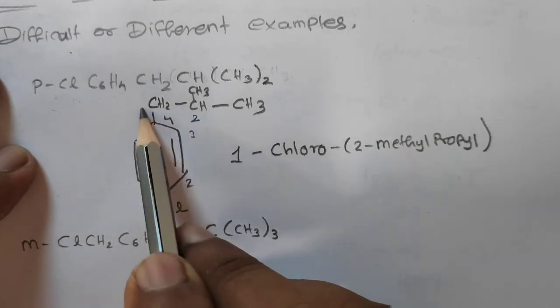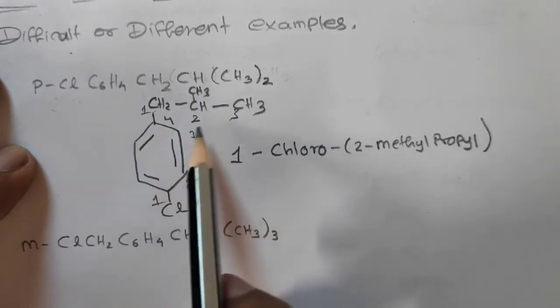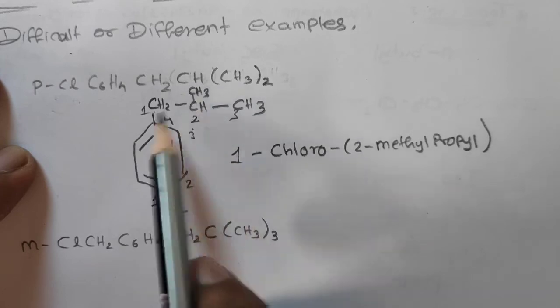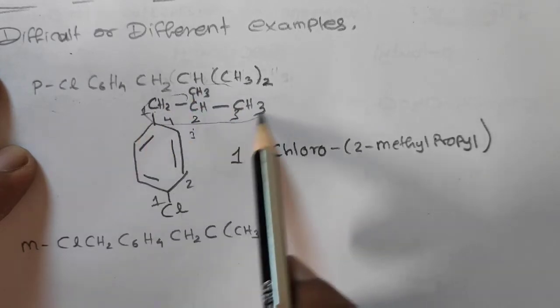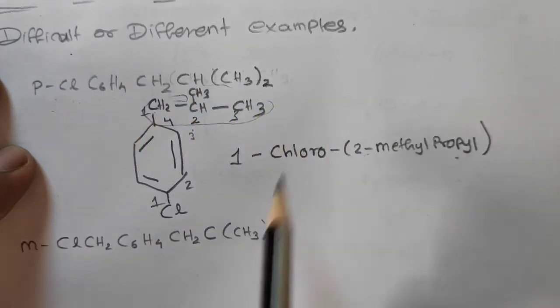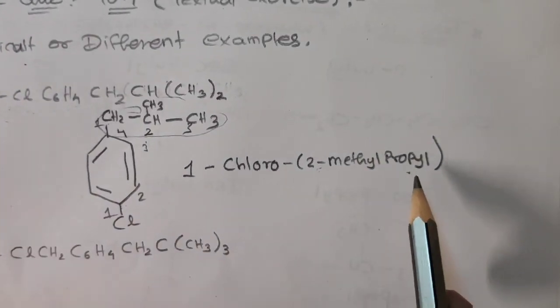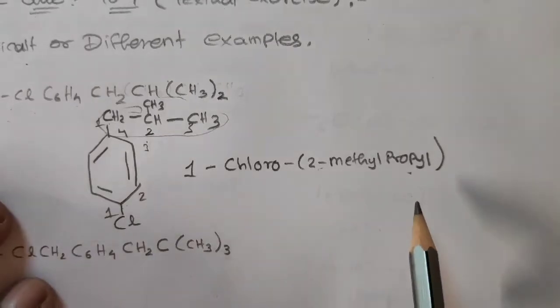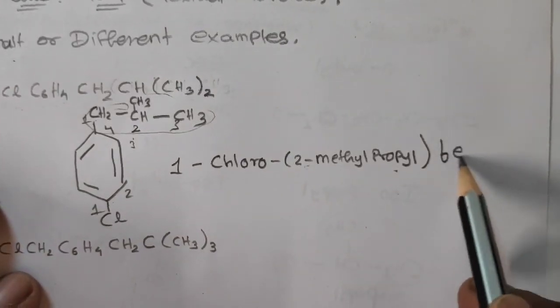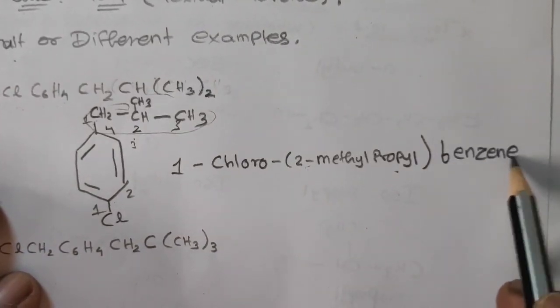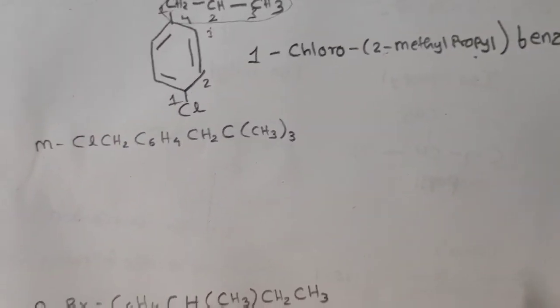Because this is the second carbon, this is the first carbon and third. So second position methyl, and there are total 3 carbons, that's why propyl. So 1-chloro 2-methyl propyl, and this is benzene ring, so I will write here benzene. Okay, so this part is now clear.